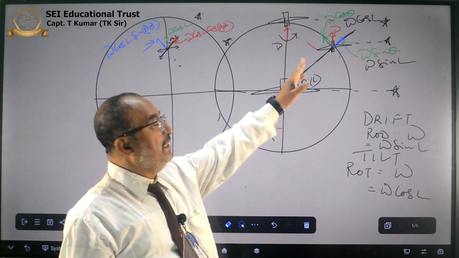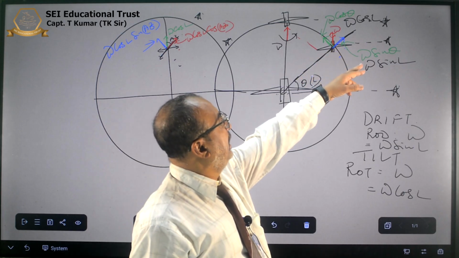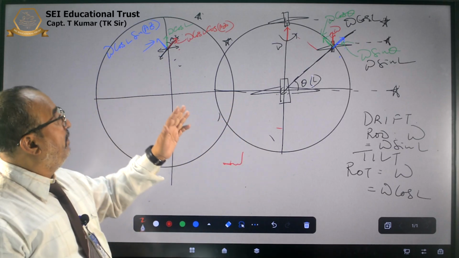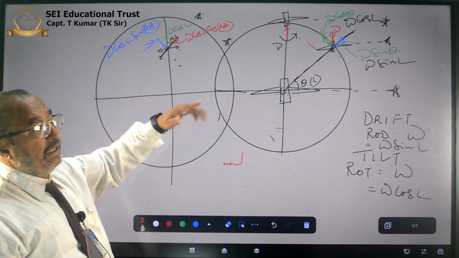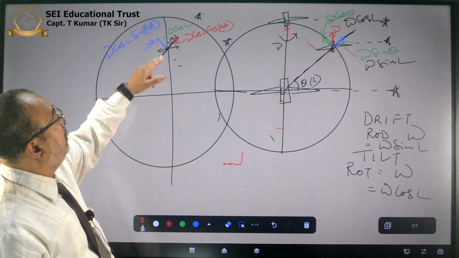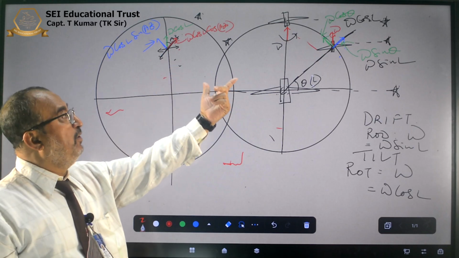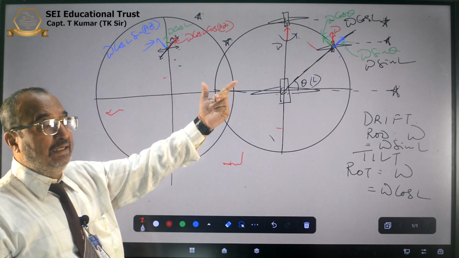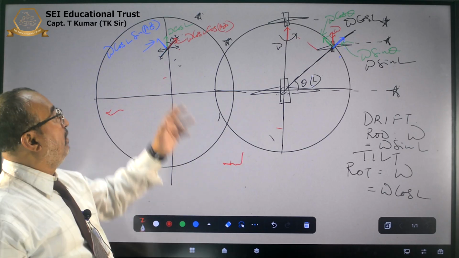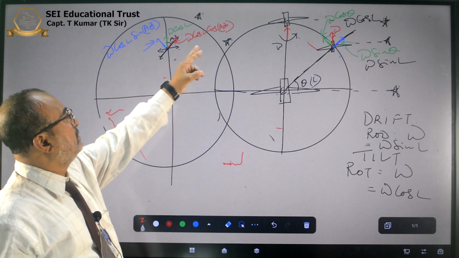Now the omega is split into two components: omega sin lat and omega cos lat. Now again, that is if the gyro axis is pointing east to west. But when the gyro axis is pointing some other direction, the tilt component is split into two more sub-components: omega cos lat sin azimuth, and another omega cos lat cos azimuth.